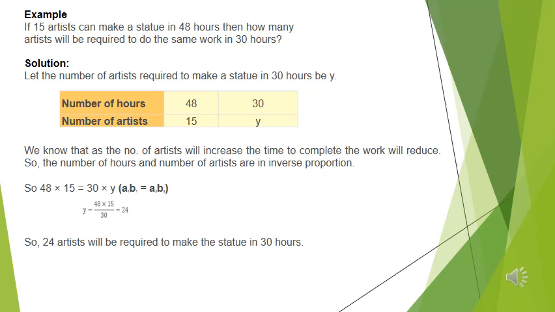Here instead of x and y, we use a and b. After arranging the values, we get b2 = 48 × 15 / 30, which is 24 artists. This means that instead of 15, when the number of artists becomes 24, we can do that particular work in 30 hours.